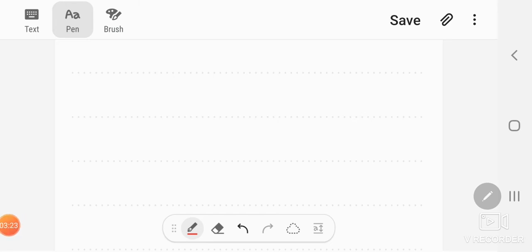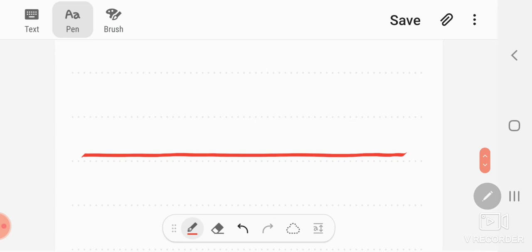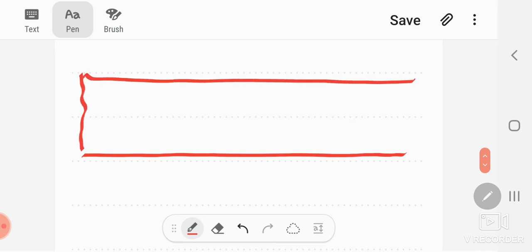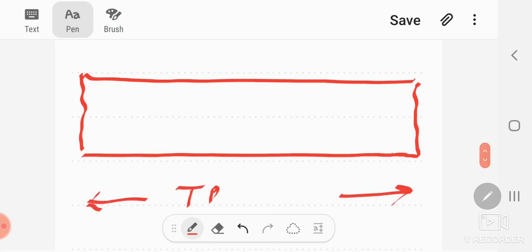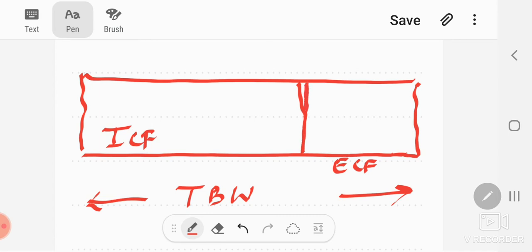Now we will graphically represent how these compartments are organized in our body. This box represents the total body water. 2/3 of it is intracellular fluid and 1/3 is extracellular fluid. Intracellular fluid and extracellular fluid are separated by a selective membrane which we call the plasma membrane.